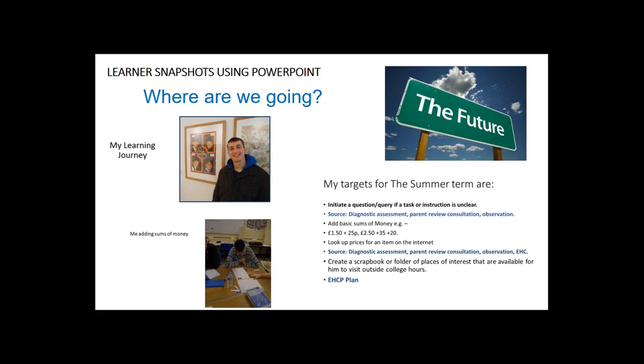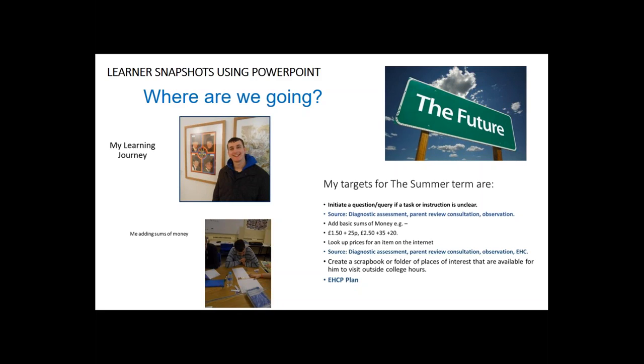But the lecturer has actually identified where these targets came from: the parent review, the diagnostic assessment, and educational healthcare plans. That's so great for your quality control and your audits to have a look. You've got a clear picture of Thomas working towards his targets and knowing what he's going to be doing.